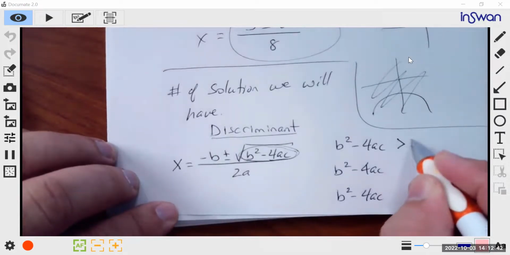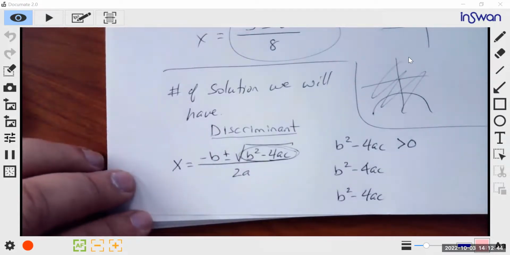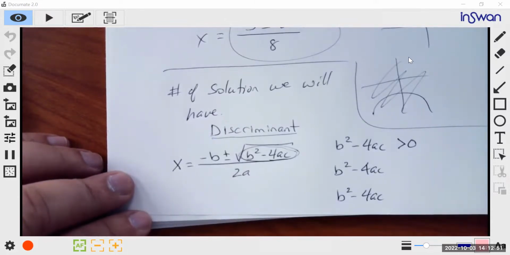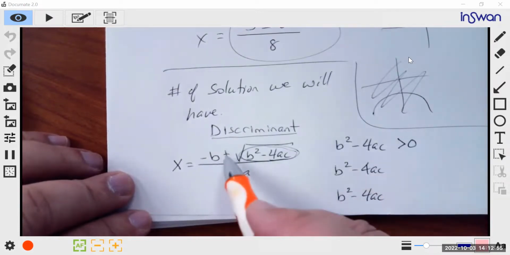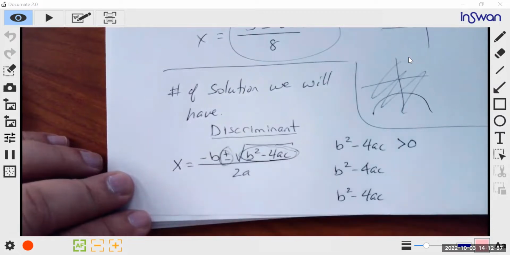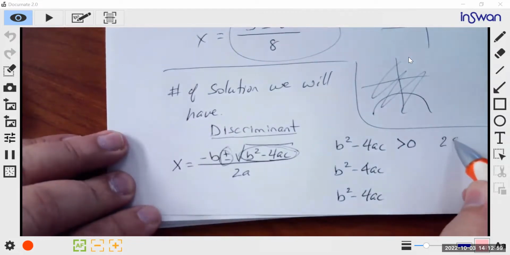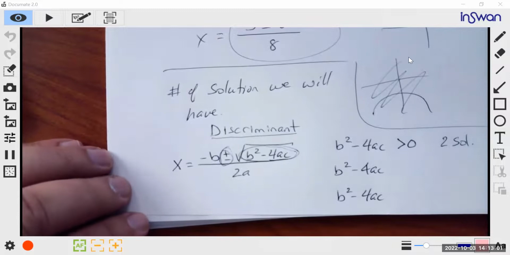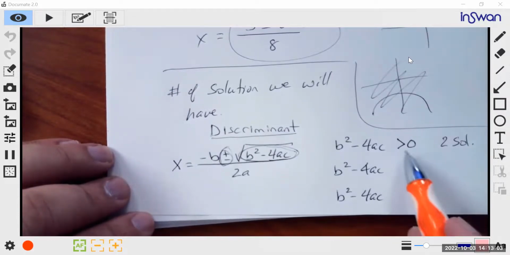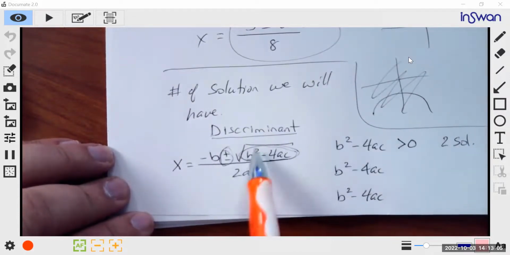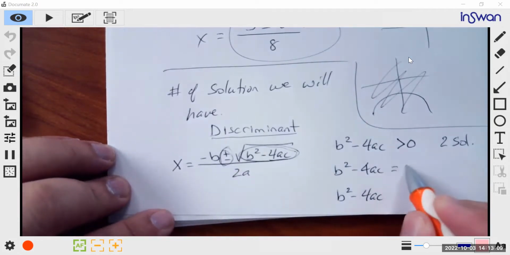If it's greater than 0, if it's positive, what does that mean if we take the square root of it? Let's say it's a positive, like 4. Then we're going to have two solutions, or two x-intercepts, because then we can take the number and add plus or minus to the b.